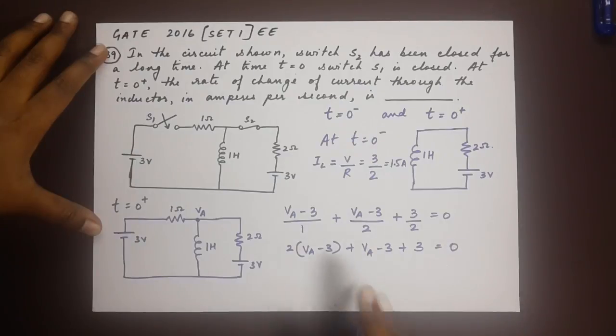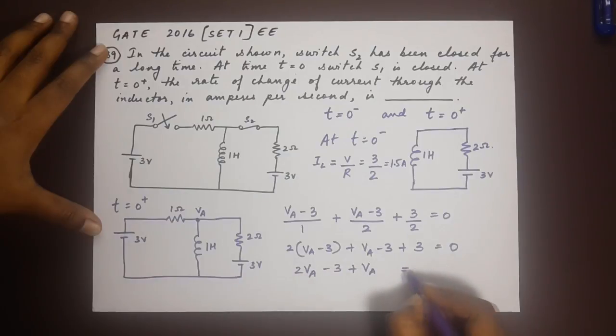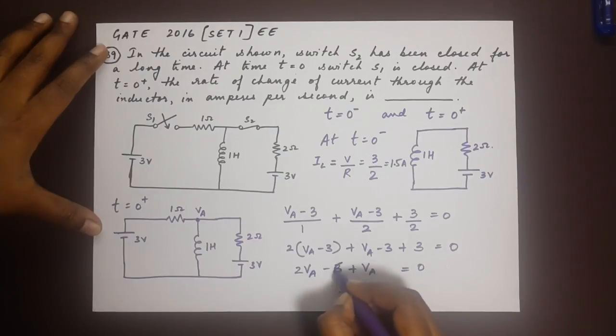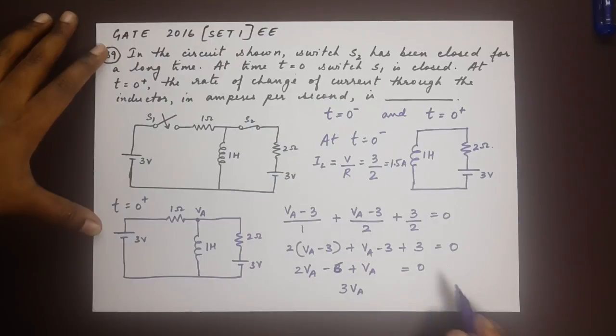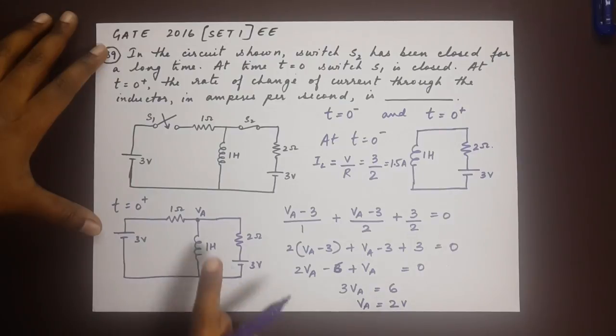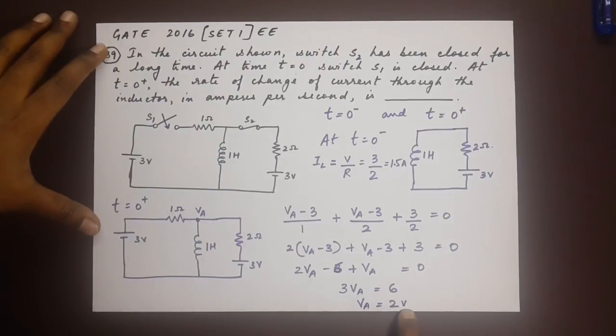Okay, let's expand. That's 2 VA minus 6 plus VA is equal to 0. I'm sorry, 2 times 3 is 6. So 3 VA is equal to 6. And that gives us VA is equal to 2 volts. So the potential at this node over here is 2 volts.